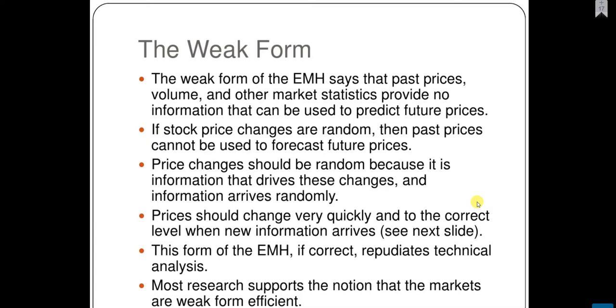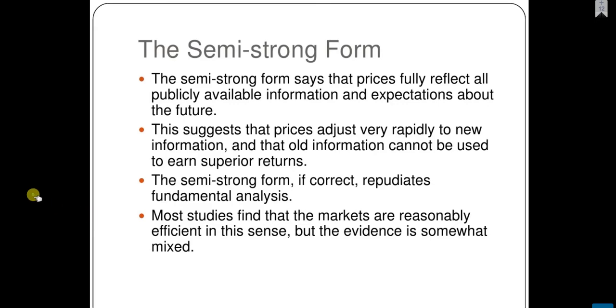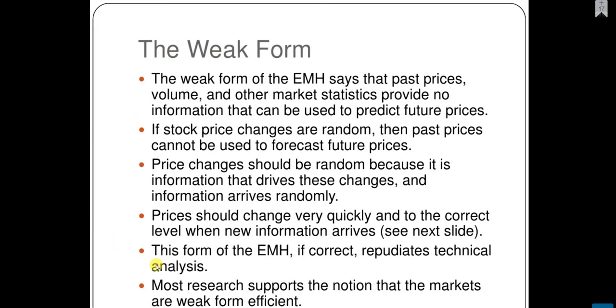The next slide is talking about the semi-strong form, which we will cover later. So now just focus on the weak form efficiency. Price should change very quickly and to the correct level when new information arrives. Whenever new positive information arrives about any stock, any security, the price will move quickly in any direction.